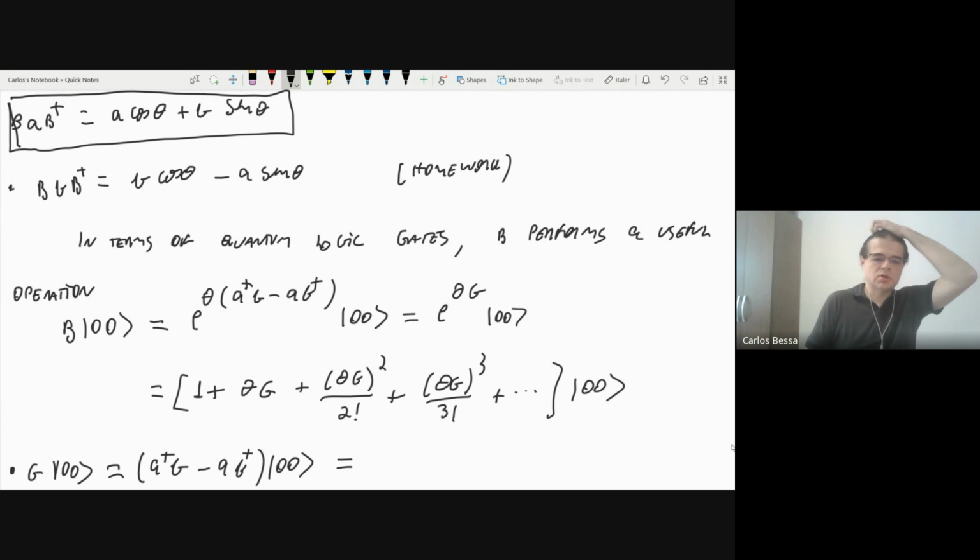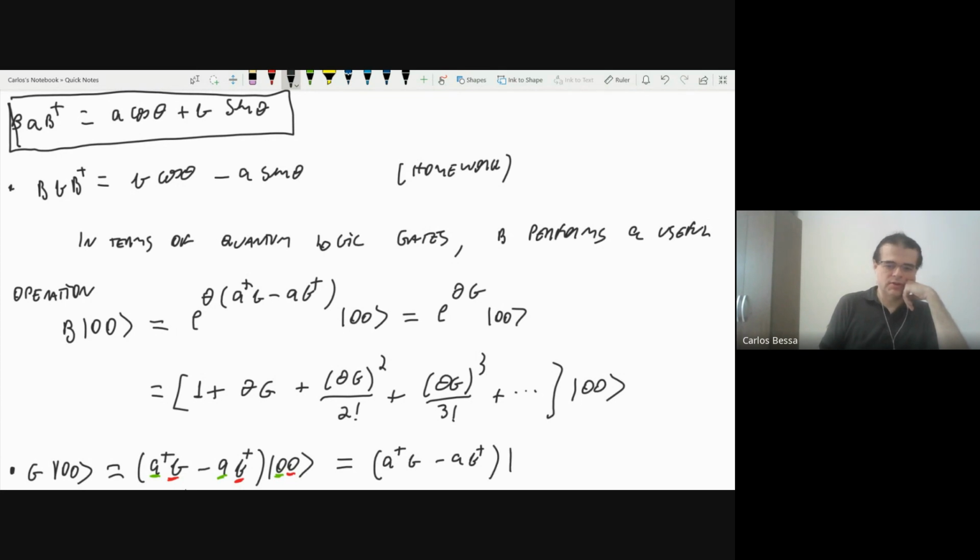Here, just to not get confused, in this notation, A is applied to this, and B is applied to the other. Let's detail the first, a dagger b.